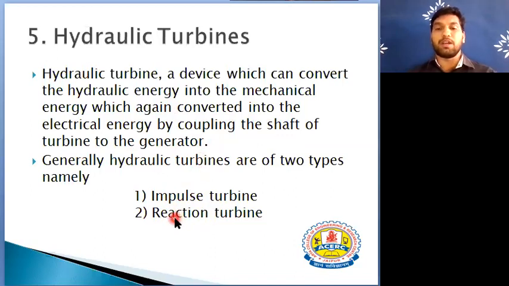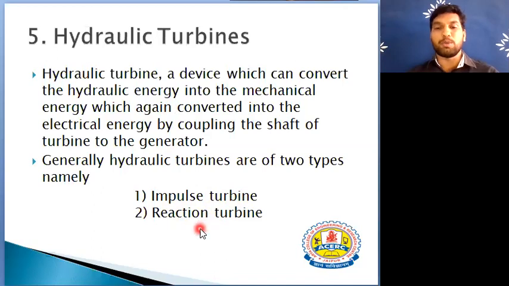But the reaction turbine works on the principle of Newton's third law, where if an action is performed, then an equal and opposite reaction force will be applied. An impulse turbine basically works on the principle of Newton's second law of motion.